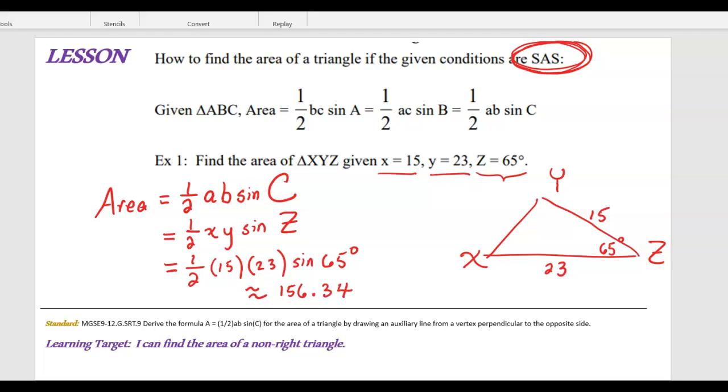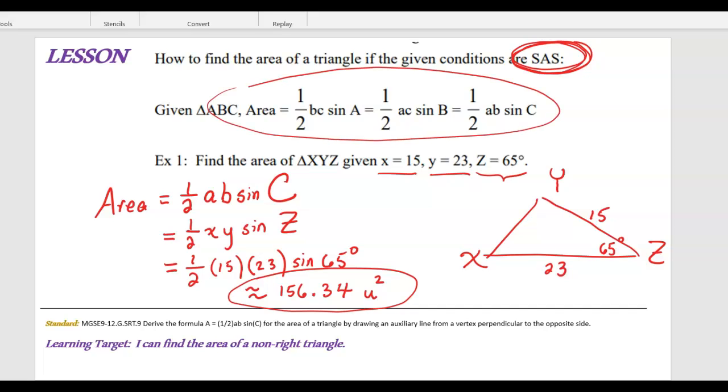And just remember, it's area, so these are square units. If this were centimeters, this would be square centimeters. I'm just going to write units squared or square units, since I don't know what the unit of measurement is. Easy peasy, guys. That is how you find the area of a non-right triangle using side-angle-side.